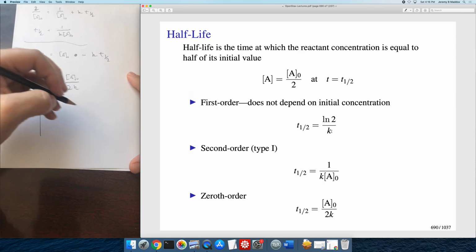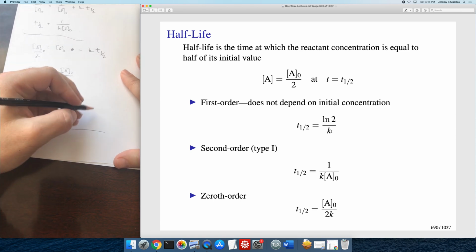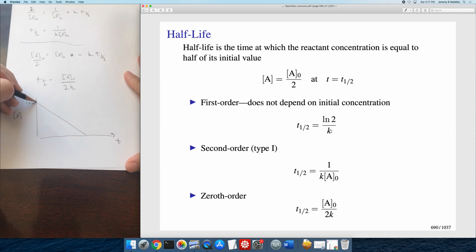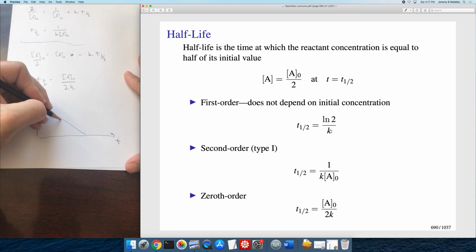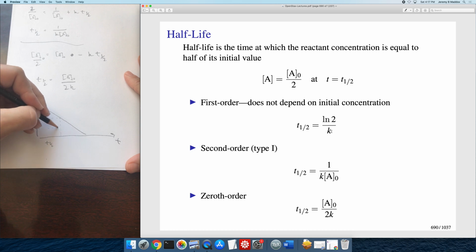Let me illustrate. So we'll go back to that zeroth order graph. Here's time. It decreases like that. So what's the first half-life time? Here's 100%. Here's 50%. Here's the first half-life interval. Fairly long. Now let's do it again. So go from 50% down to 25%.